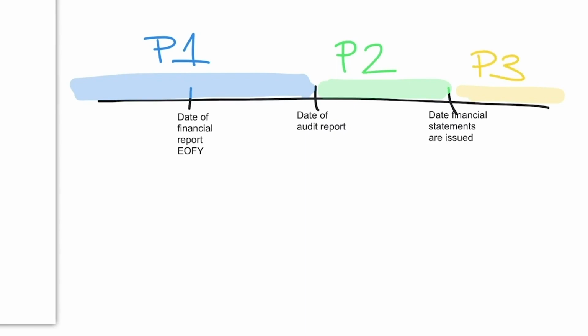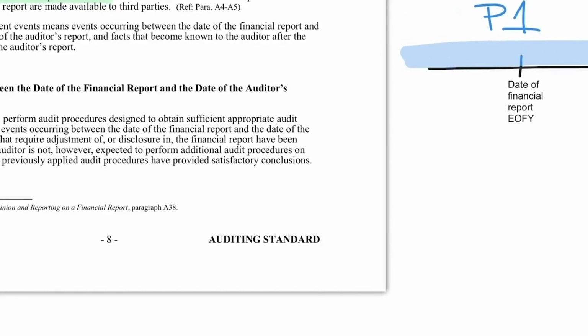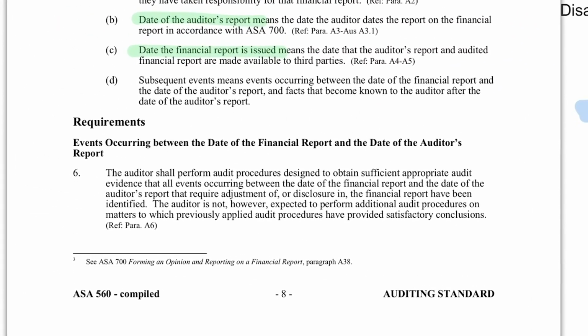That's period 3. Okay, so I'm going to highlight these in these different colors: blue for P1, green for P2, and yellow for P3. So let's go back over here, because this one is about events occurring in P1.